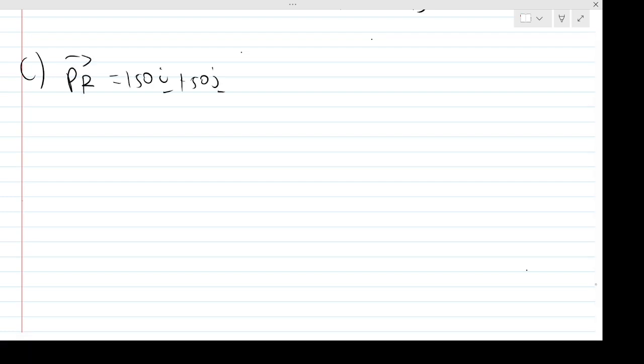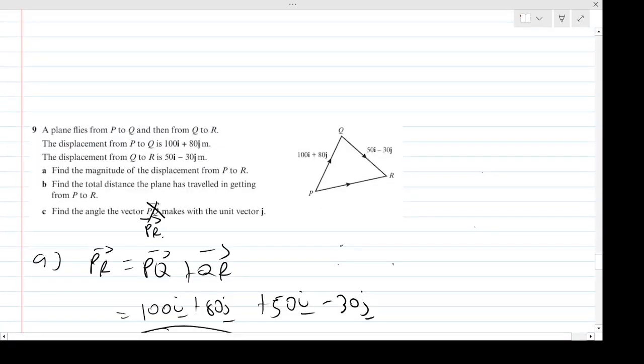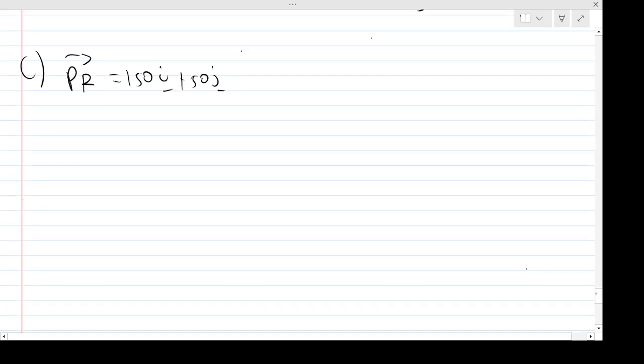So if I remind you then, PR is 150i and 50j. It's talking about the angle it makes with the vector j. Now again, it's talking about angles, so it's best to plot the vector, plot the point, to visualize the angle.